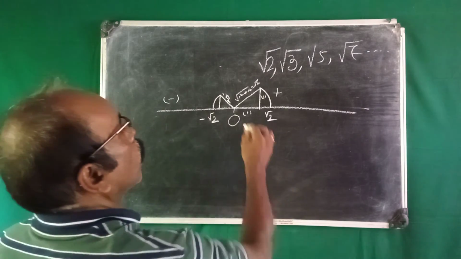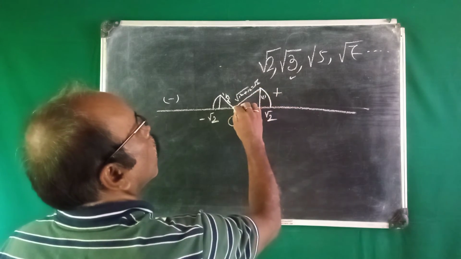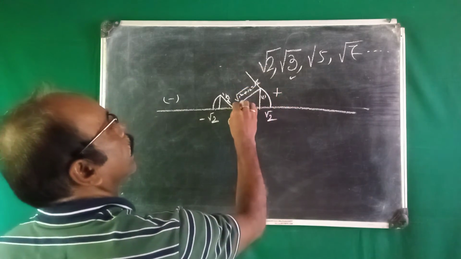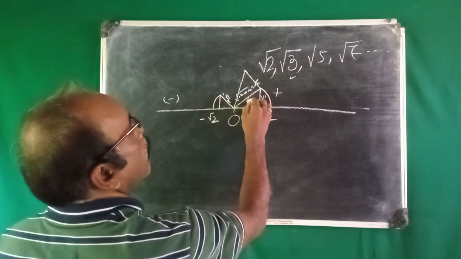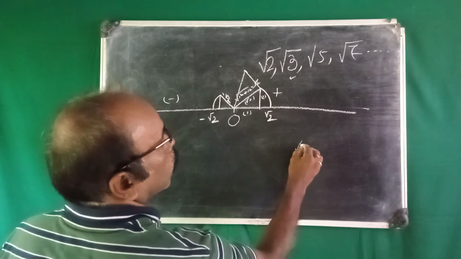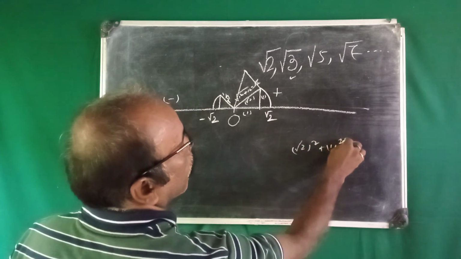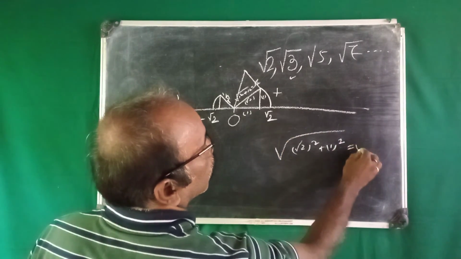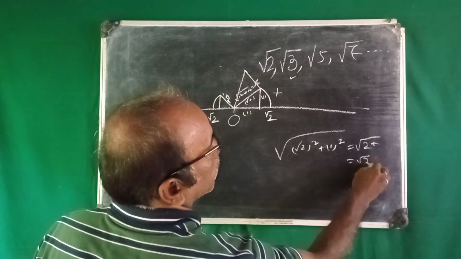Now we take root 3. On root 2, we take 1 unit perpendicular and connect the hypotenuse like this. Root 2 square plus 1 square is equal to 2 plus 1, which is root 3.